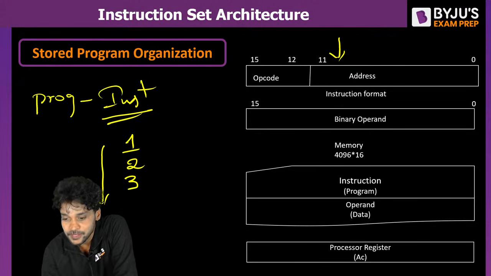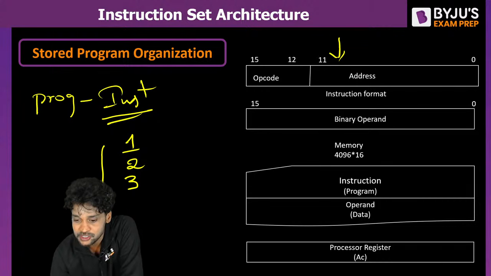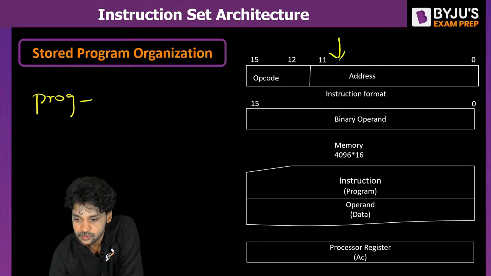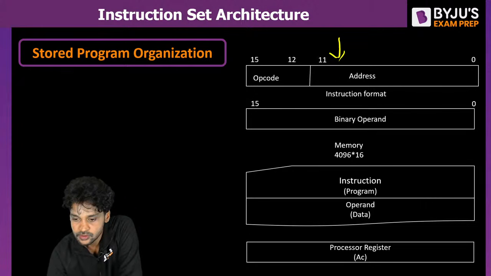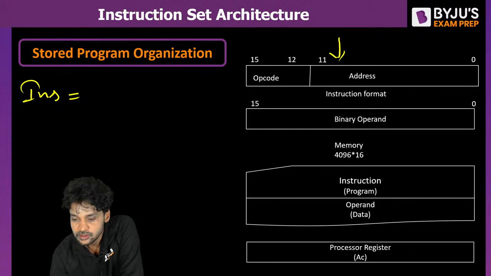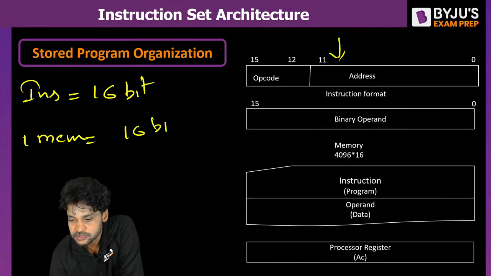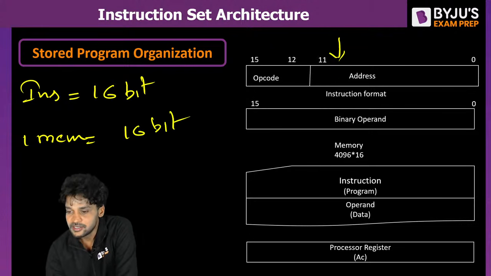Okay. Now, let us understand something. What is the size of the instruction? The size of the instruction is 16 bits. Why 16 bits? One memory location is equal to 16 bits. So now have a look at this instruction.